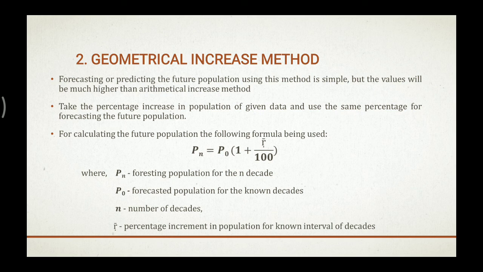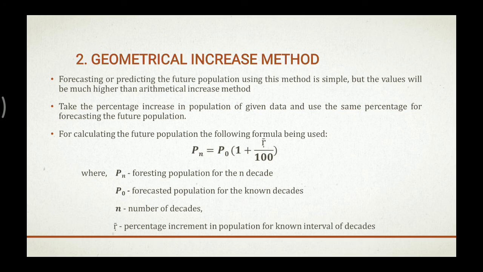To calculate the future population, the formula is Pn is equal to P naught into 1 plus R bar upon 100, where Pn, as I said, is the forecasted population for the nth decade. Next, P naught is the last known decade's population.